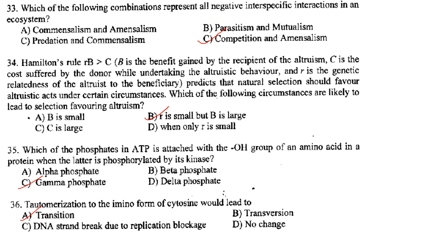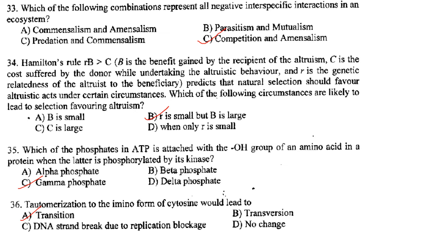Then according to Hamilton's rule, 0.5 into 1, so R into capital B, is greater than 0.25, that is C. So in essence the genes for altruism spread by promoting aid to copies of themselves. R is the genetic relatedness of the altruist to the beneficiary, that is 0.5.